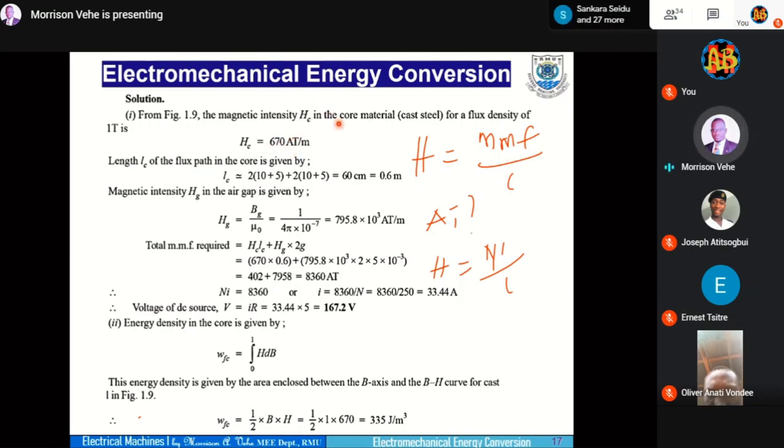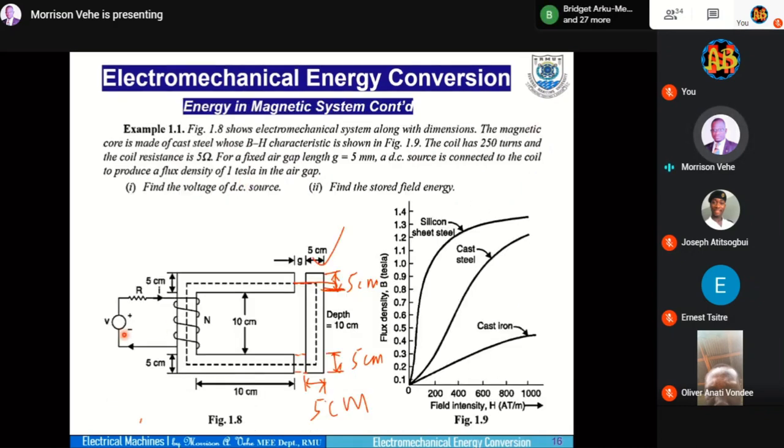What we are finding there is 670 ampere-turns per meter. If that is given, then you will also need to look at the length of the flux path in the core. When you take the whole core, what is the length?